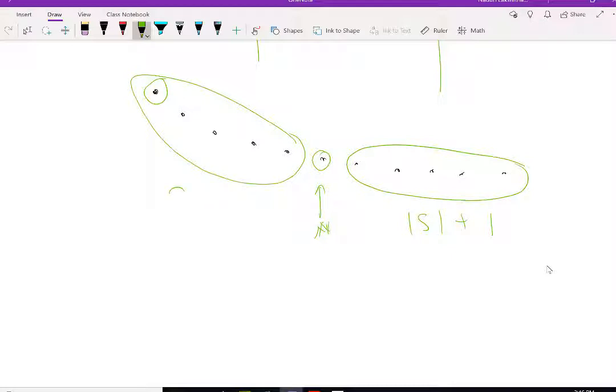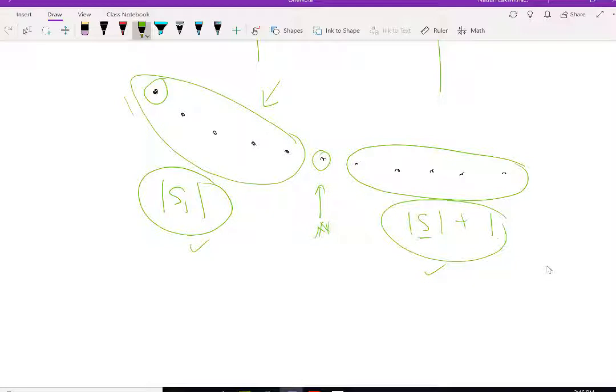So we have absolute value of S1, which is definitely greater than every term in the sequence, and we just don't know which one is bigger, absolute value of S1 or absolute value of S plus 1. We don't know who is bigger, but for sure we know one of them. If S1 is bigger than absolute value of S plus 1, then every term of the sequence is smaller than the first term.